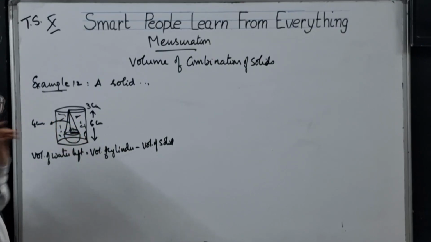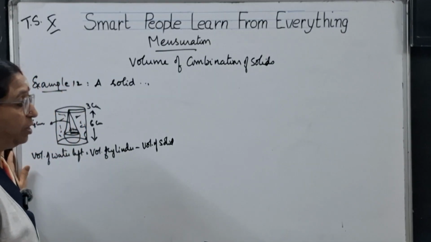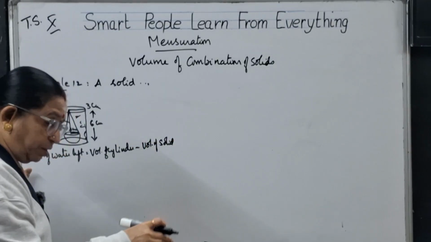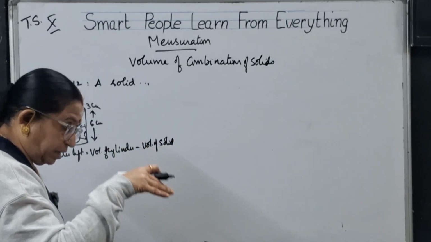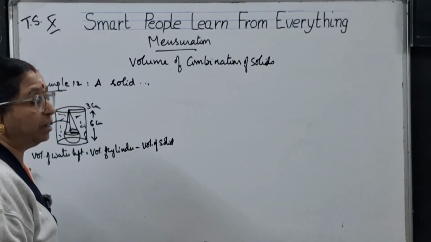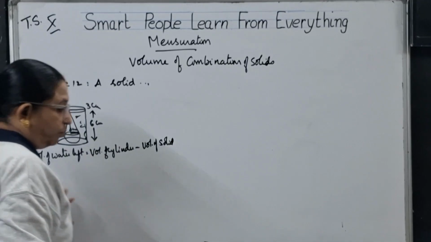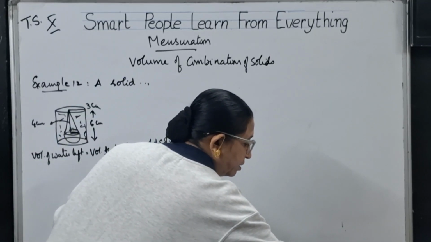Archimedes principle you have studied, children. When a solid is immersed into a container containing water, then the volume of the water that comes out is nothing but the volume of the solid that is immersed in it.